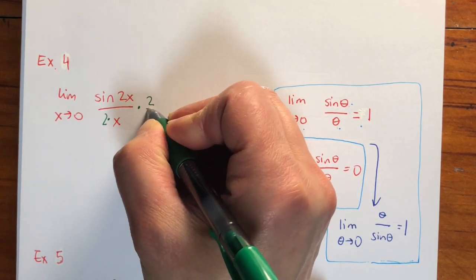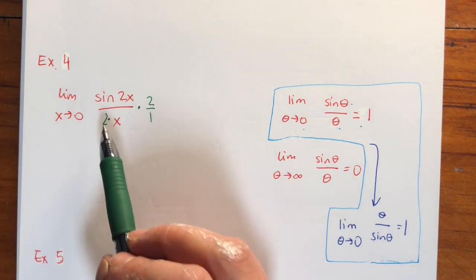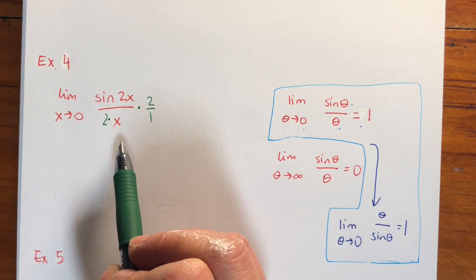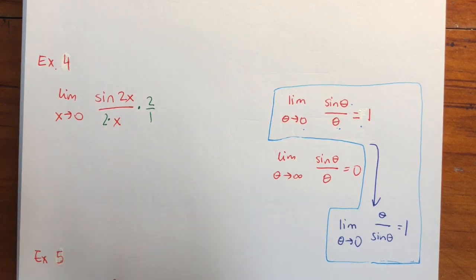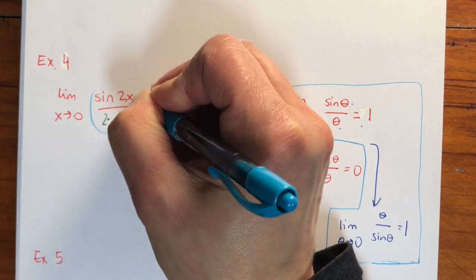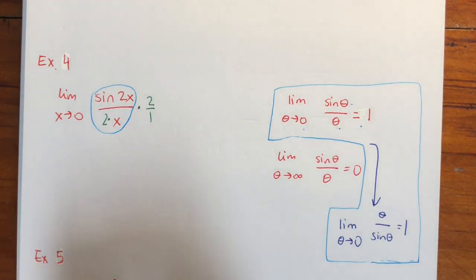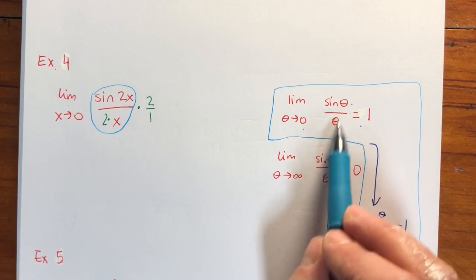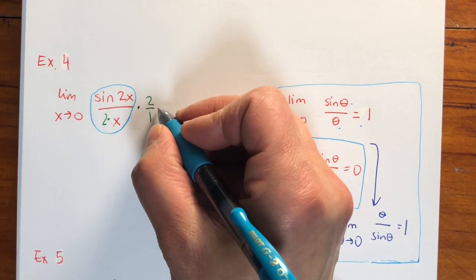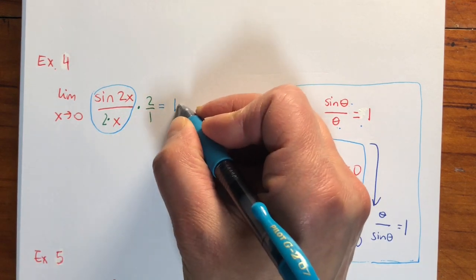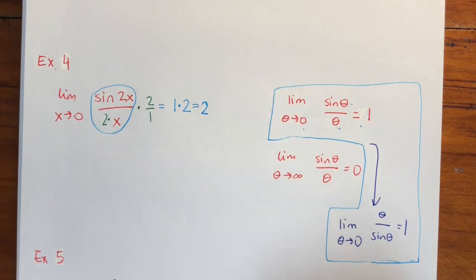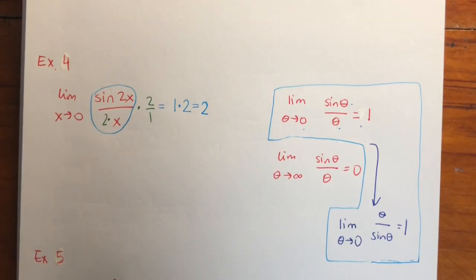So notice if I multiply this by 2 over 1, what I did is I actually multiplied the expression that was given by 1, but I made it work for me. So this is equivalent to 1, because as long as the angles are the same and we made them the same, the expression is equivalent to 1. So this is 1, and then you will multiply it by 2. Here we go. You just found the first limit that involves the trig.